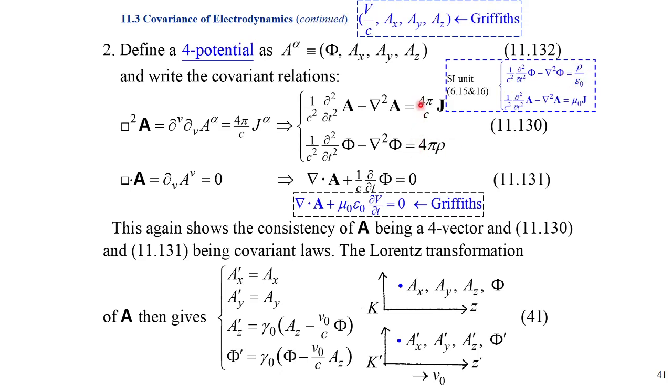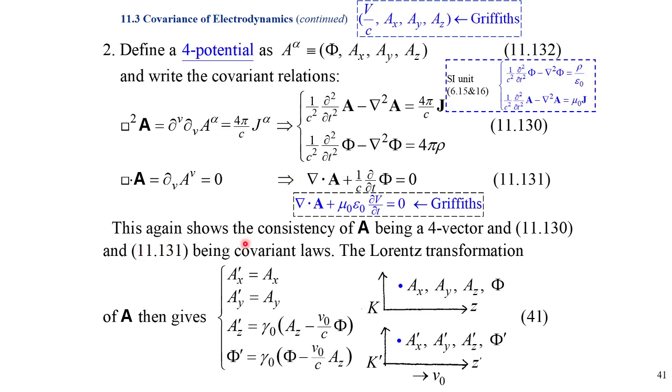So J and rho will be different from our previous definition. This equation form is the wave equation, an inhomogeneous wave equation that depends on space and time.